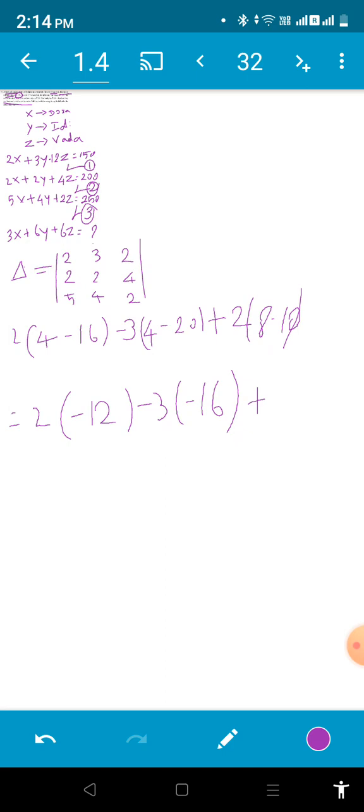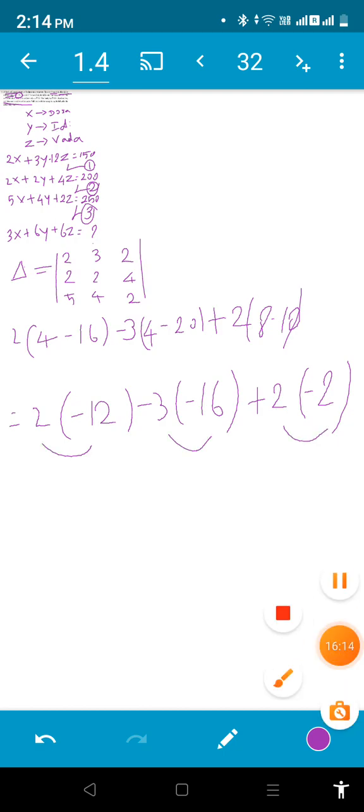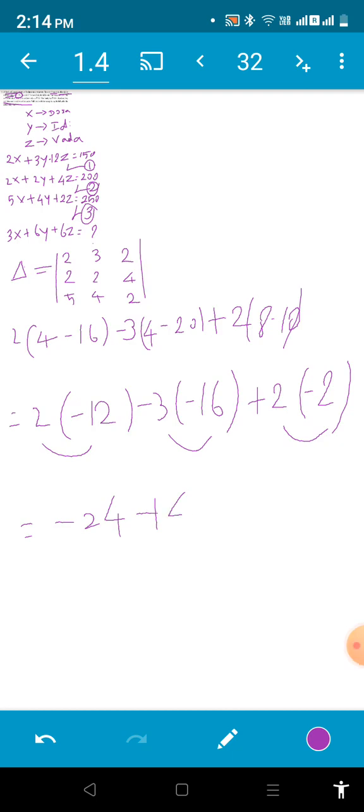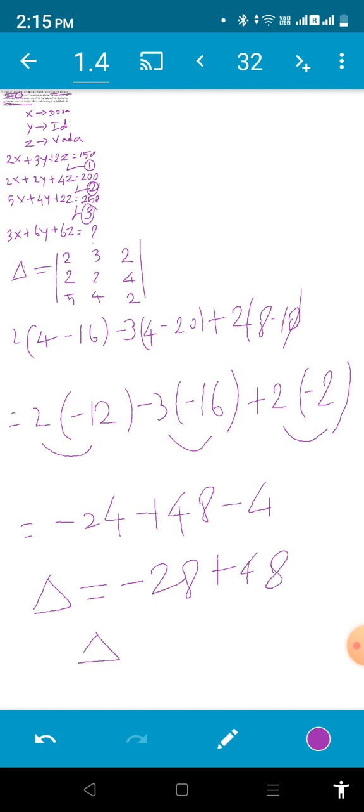Similarly, 2 into 10 minus 8 is minus 2. So we have to multiply these values. 2 into minus 12 is minus 24, plus 48, minus 4. So delta is equal to minus 28 plus 48. So we get delta equal to 20.